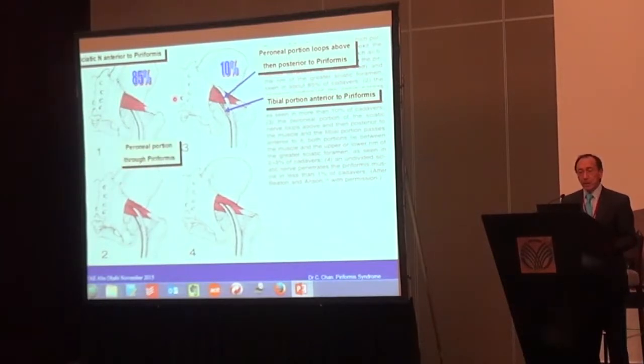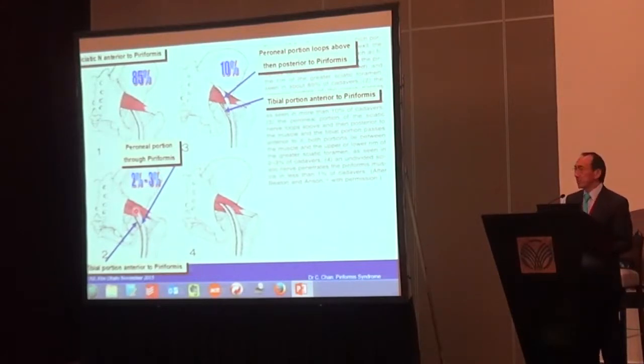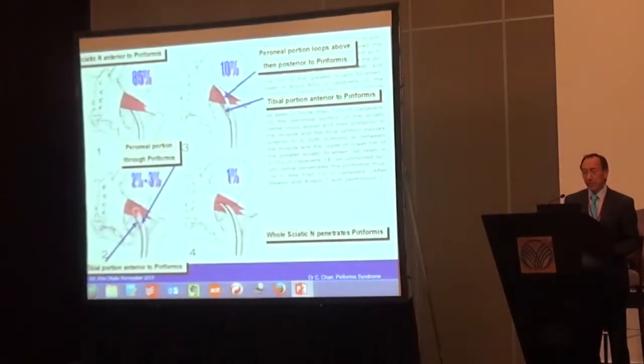Here, where the sciatic nerve is in two branches, the peroneal portion is running through the piriformis muscle, and that occurs in 2 to 3%. Now, if that portion is running through the muscle, then when the muscle contracts, it's going to squeeze that nerve and you're going to get radiating pain. In 1% of people, the whole of the sciatic nerve runs through the piriformis muscle, and that's a problem because when you get some tension in the muscle, they're going to get sciatic pain.